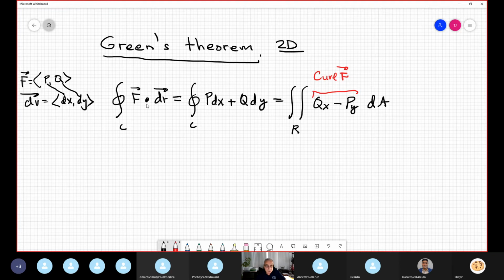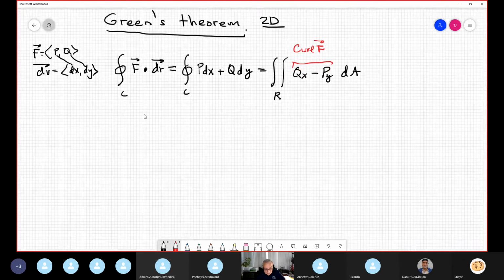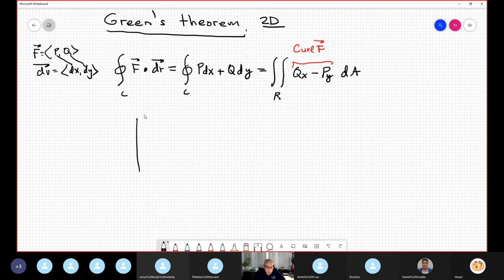Okay, look. The supposition behind Green's theorem is, look, we have a closed curve, a 2-dimension problem. This is our C. Always the supposition is that it is counterclockwise.